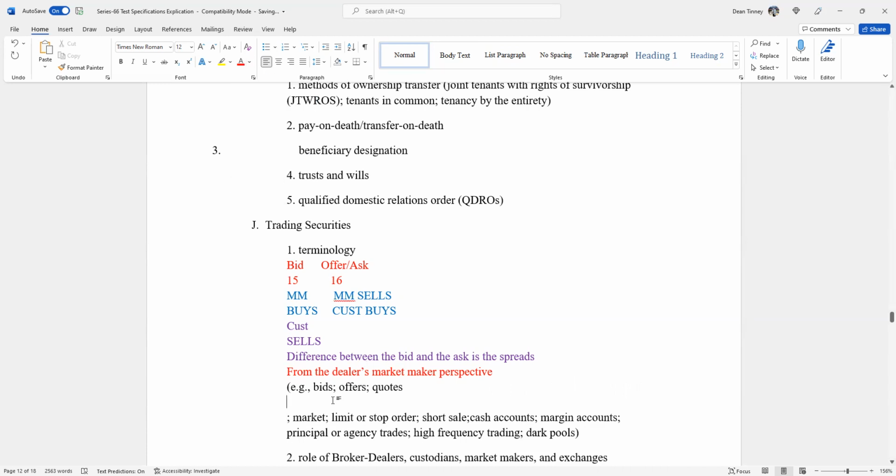All quotes are considered firm for 100 shares. So if I'm a market maker and I give you a quote, I have to stand willing to honor that for at least 100 shares, one round lot.